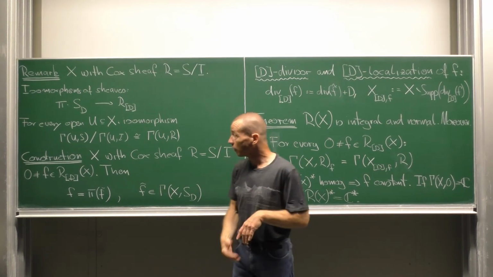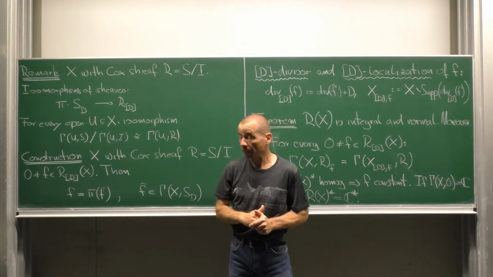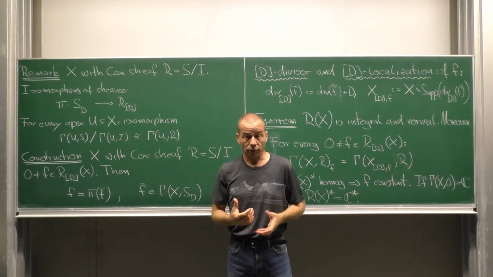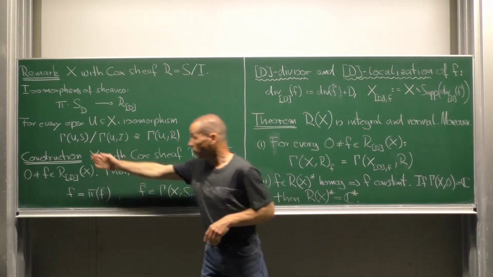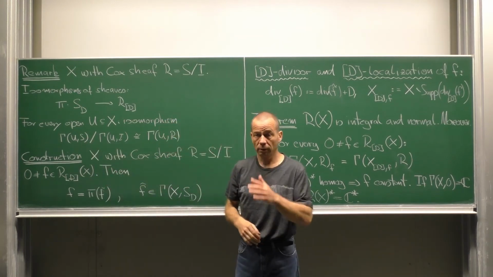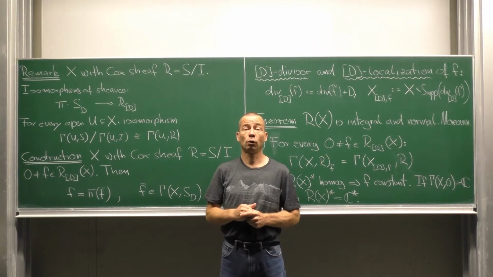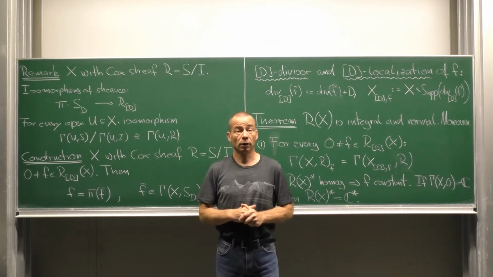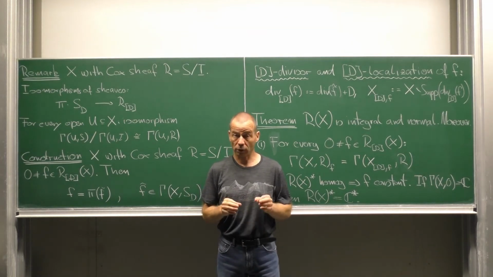The second thing, for any open subset U of X, the algebra of sections of the Cox sheaf over U is the quotient of the algebra of sections of S by the sections of the ideal sheaf over U. This is not a general feature of quotient sheaves, it is a particularly nice feature of our Cox sheaf.